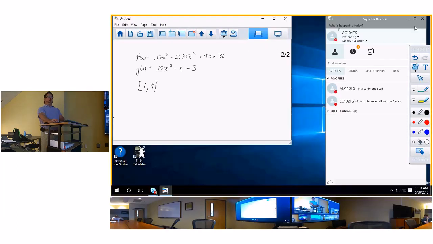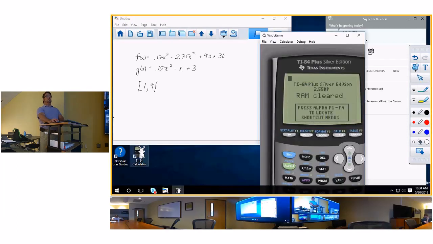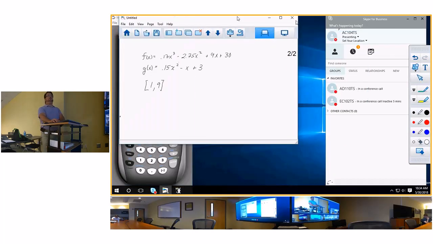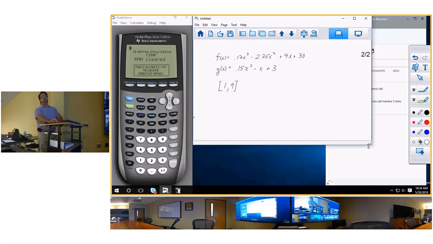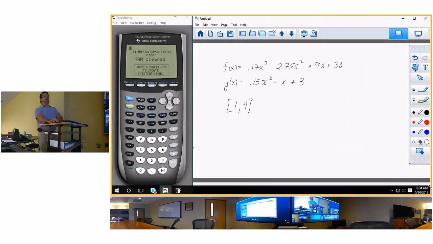So let's go ahead and take out our handy dandy calculator, and graph y is equal to 0.17x to the third minus 2.75x squared plus 9x plus 30.